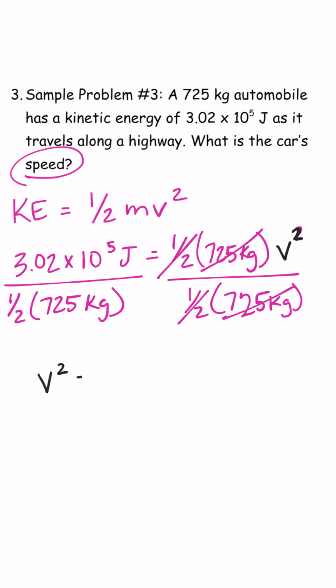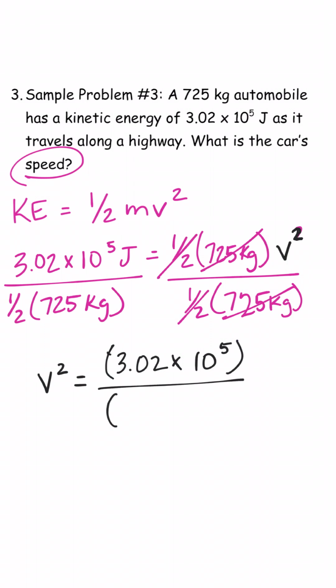So v squared is equal to, and once again, I'm going to write this down now as I put it into the calculator so you'll know. All right, so open parentheses, we'll need 3.02 times 10 to the 5th divided by 0.5 times 725.